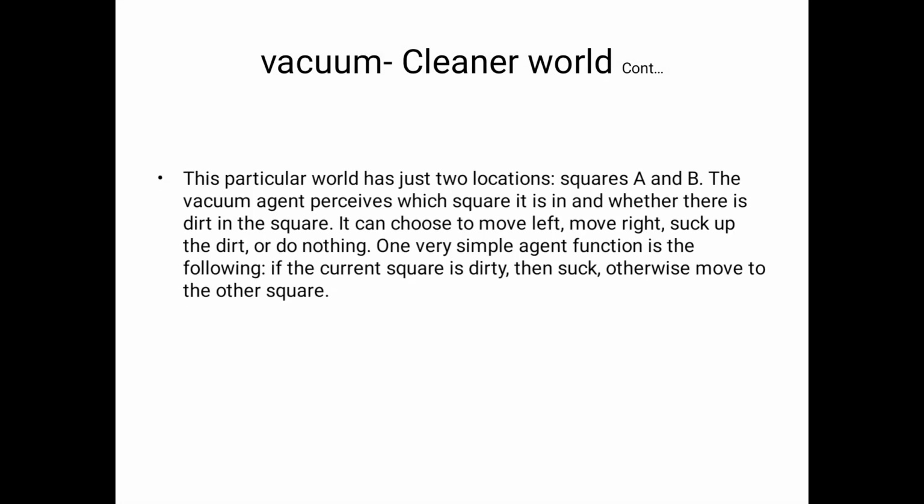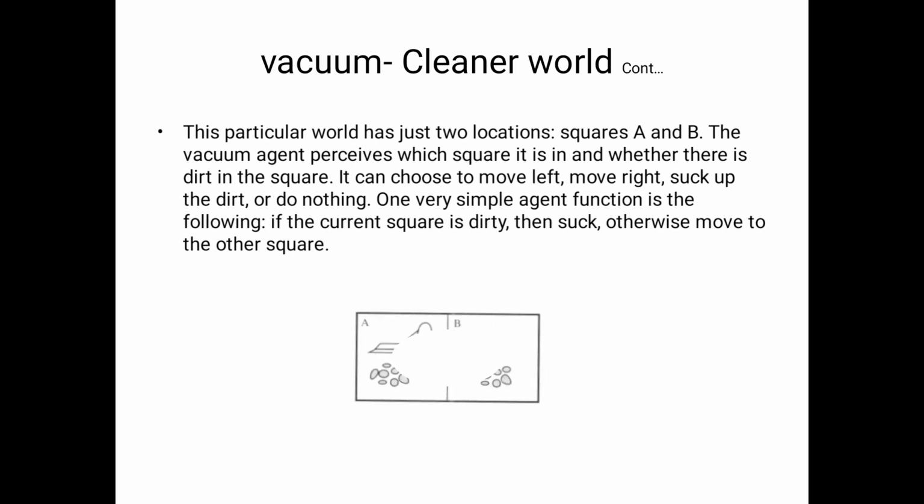Here we have one vacuum cleaner. This vacuum cleaner world has just 2 locations, named A and B. The vacuum agent perceives which square it is in and whether there is dirt in the square.